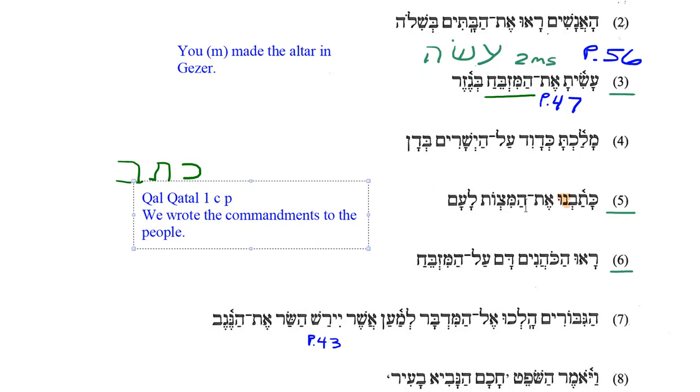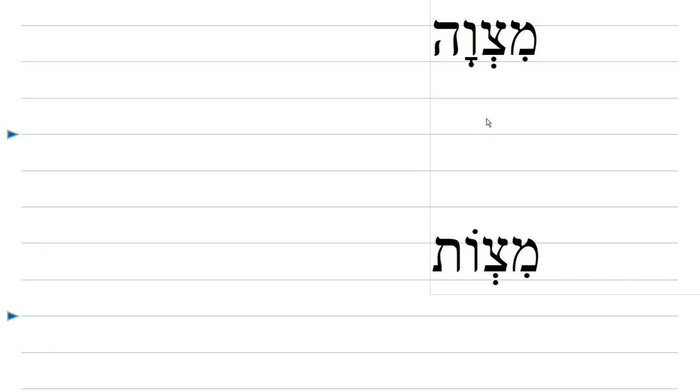Let me do a quick sidebar on mitzvot to show how that got formed. So here we have our word in its singular form. We have mitzvah. Notice what we have here is a consonantal vav with a qamets. So that is mitzvah.